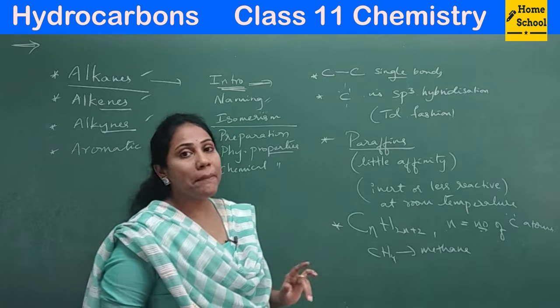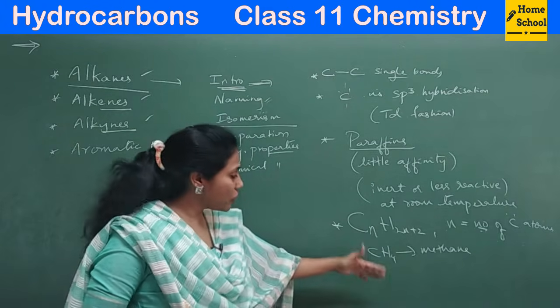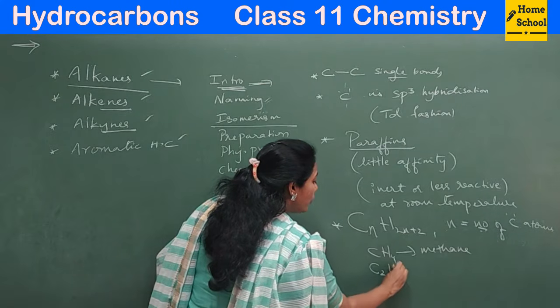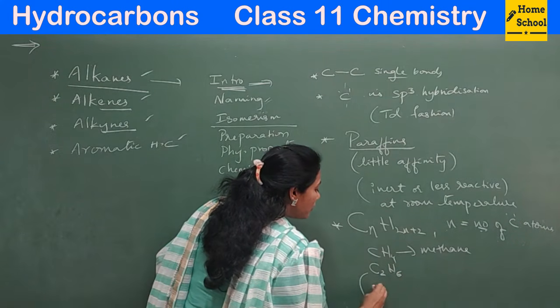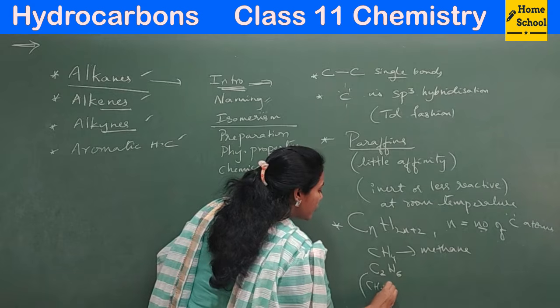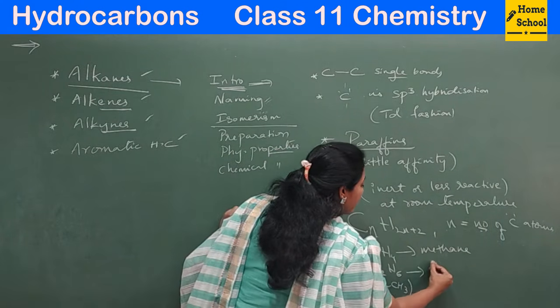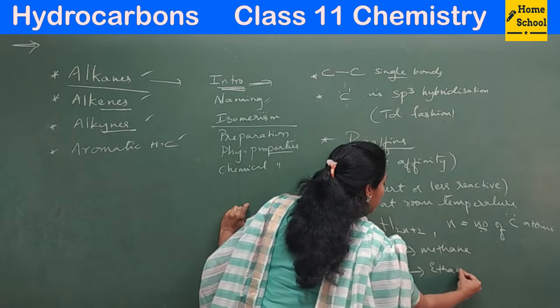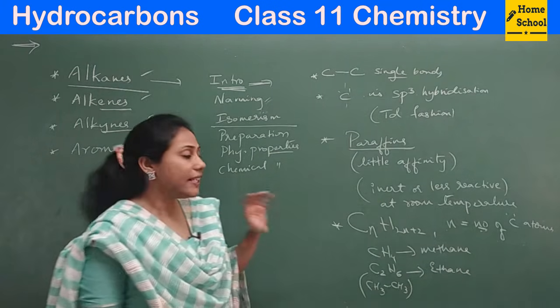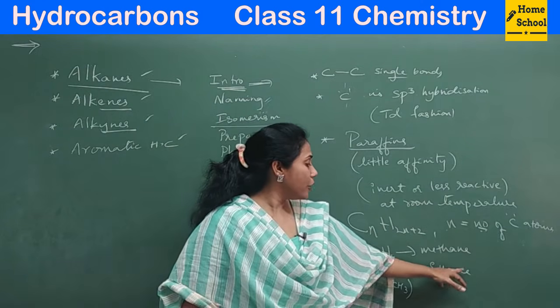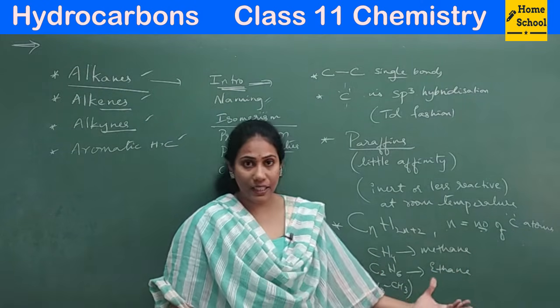So the first member of alkane is methane. Which is the second member? How do you write the formula? It is C2H6, right? How do you write its elaborate formula? CH3 bond CH3. This is called ethane. Whenever you have two carbon atoms, we use the word eth. Since carbons have all single bonds, we are using the suffix ane, right?